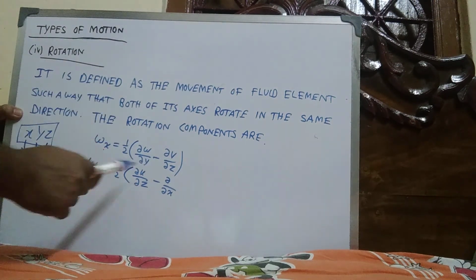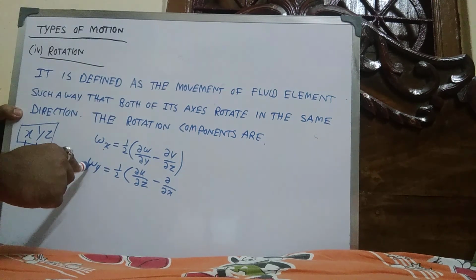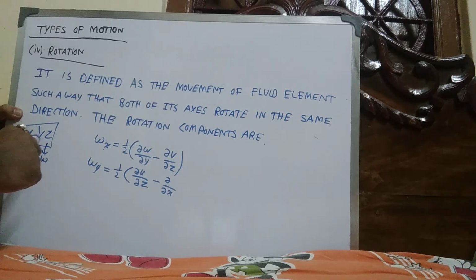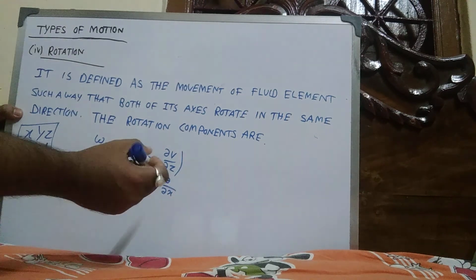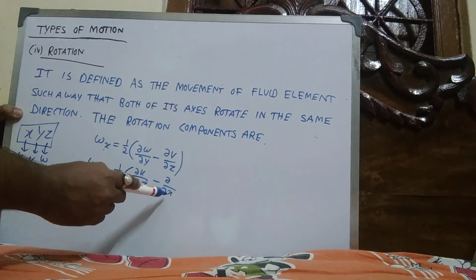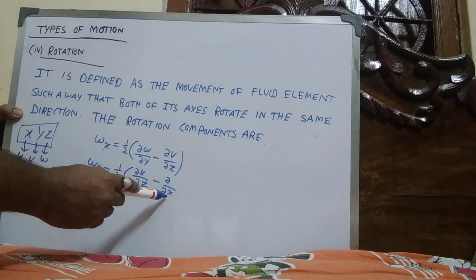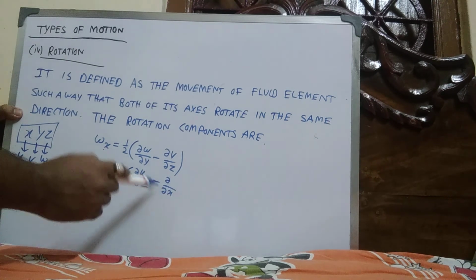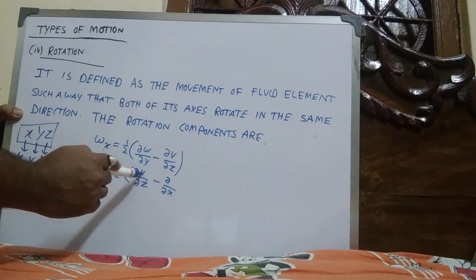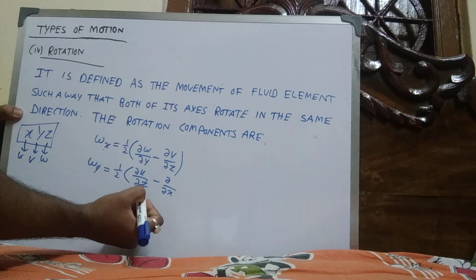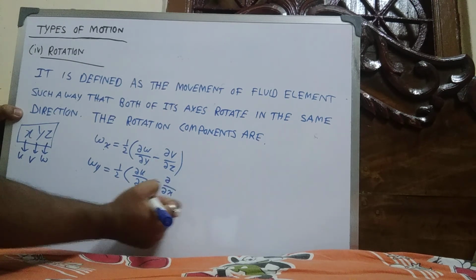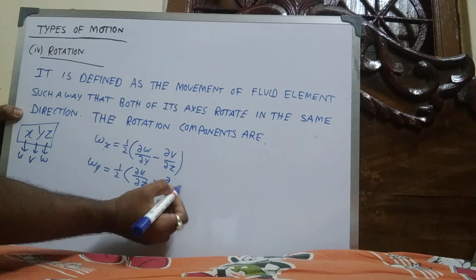So suppose this is rotation about y, after y, z, then x. Here is the velocity component in the x direction, and here the velocity component in the z direction.